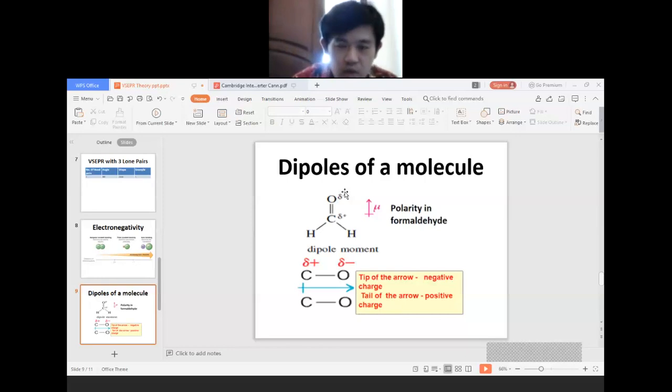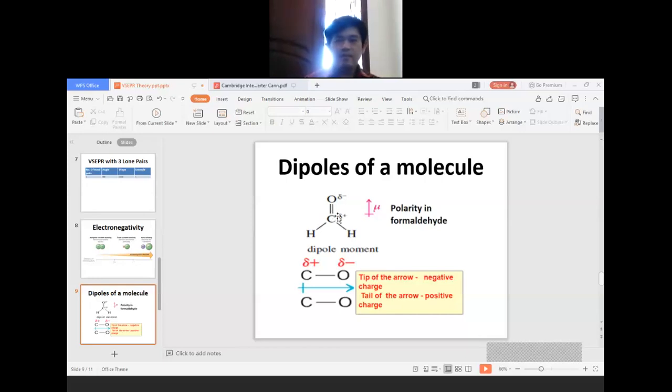This one we call dipole. This is dipole negative. This is dipole positive. Why is it dipole negative? Because oxygen is more electronegative than carbon. Carbon is more positive. That makes the oxygen carry negative, and the carbon carry positive.